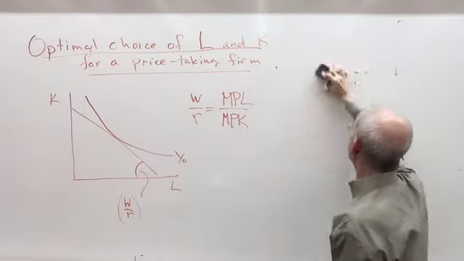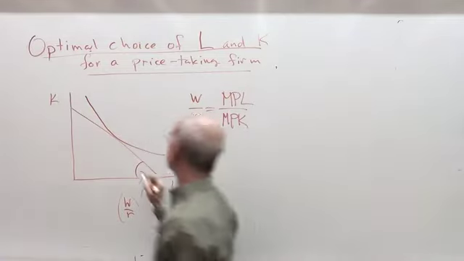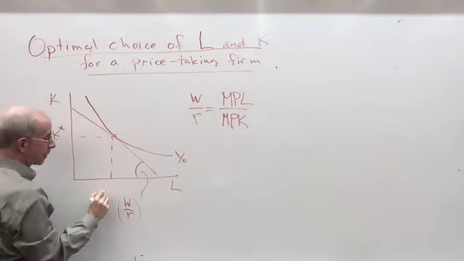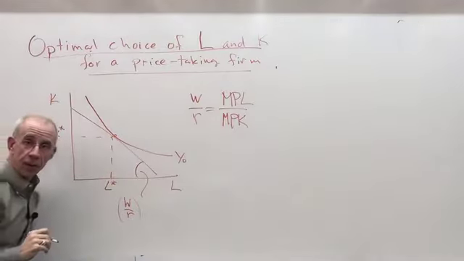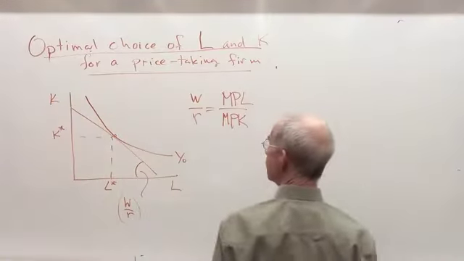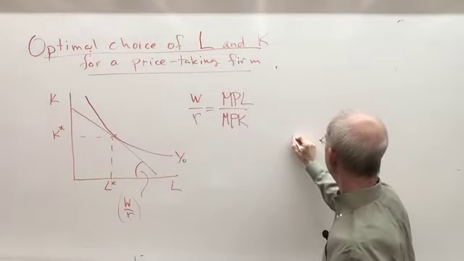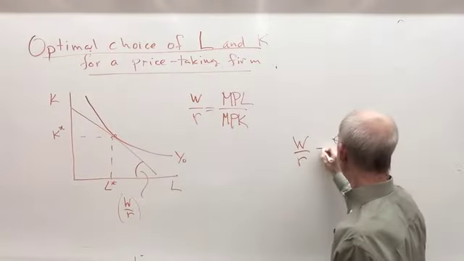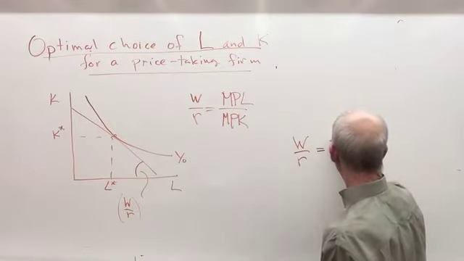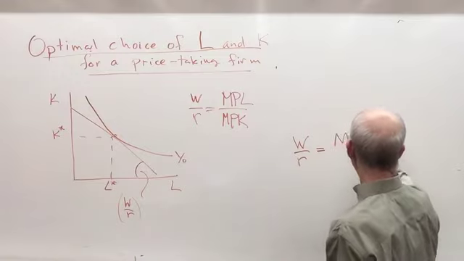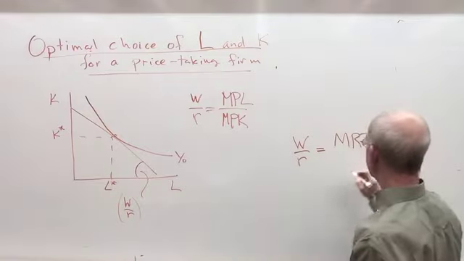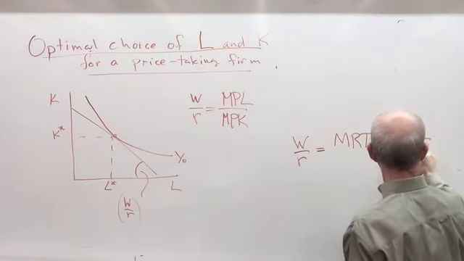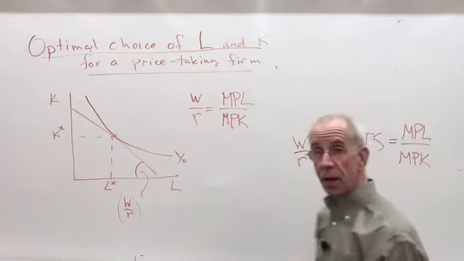This depiction of the optimal level of capital chosen and the optimal level of labor chosen was where the slope of the isocost line was equal to the marginal rate of technical substitution, which was equal to the marginal productivity of labor over the marginal productivity of capital.